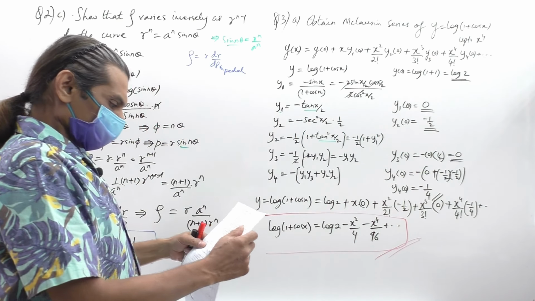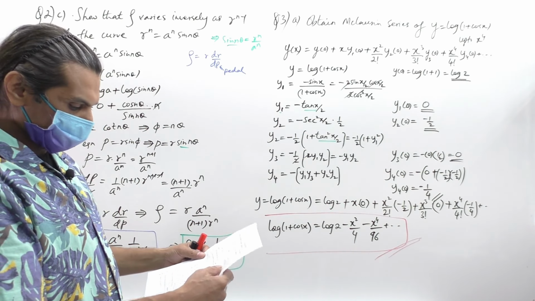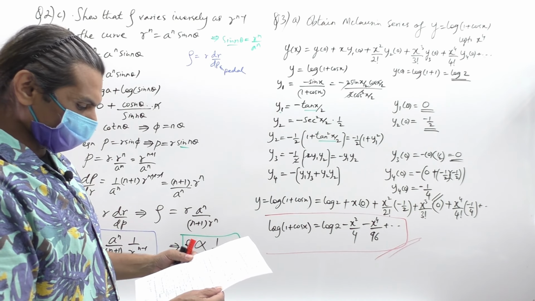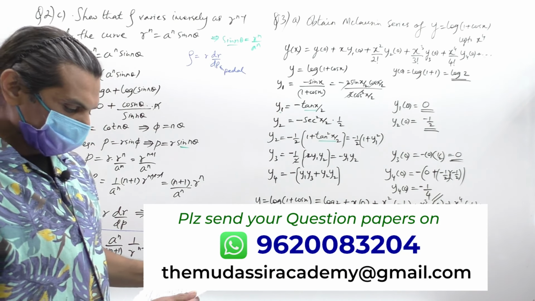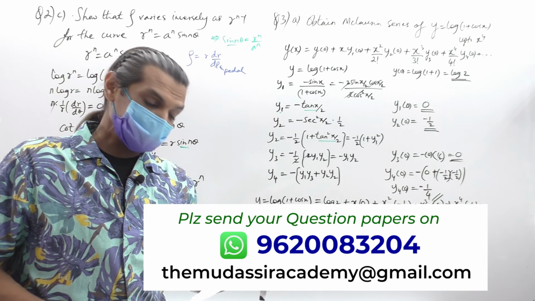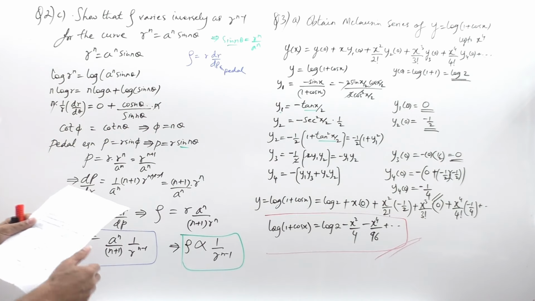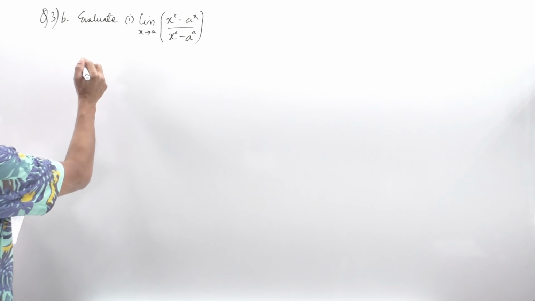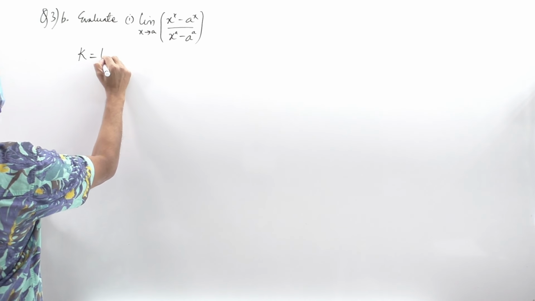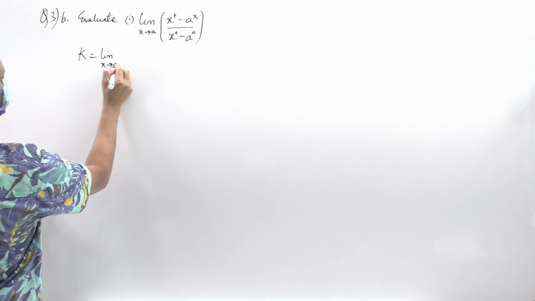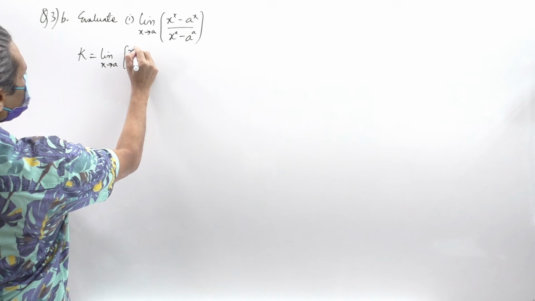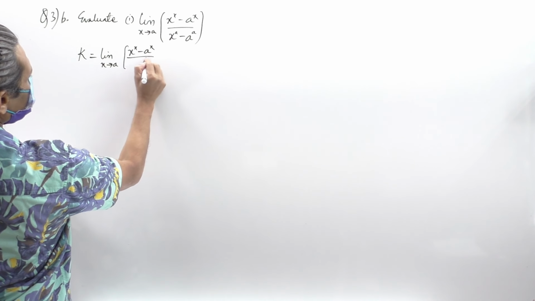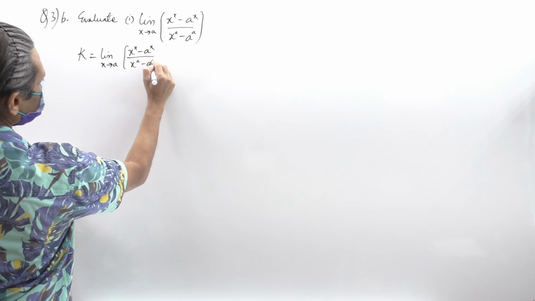Okay. So we have solved question number 3a. Now let's move on to the solution for question number 3b, that is L'Hopital's rule. So from the basis of L'Hopital's rule, first we assign k equal to the limit as x tends to a of x raised to x minus a raised to x, whole divided by x raised to a minus a raised to a.